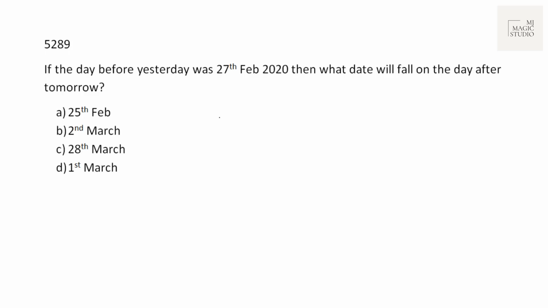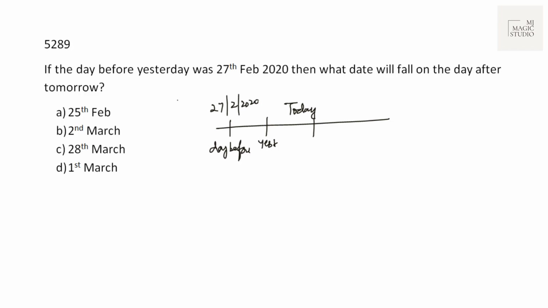Okay, a quick question from calendar, but just again simple reasoning. No gimmicks of calendars or technicalities required. So today, this is yesterday, and this is day before yesterday. If day before yesterday was 27th Feb 2020, then what date will fall on the day after tomorrow?